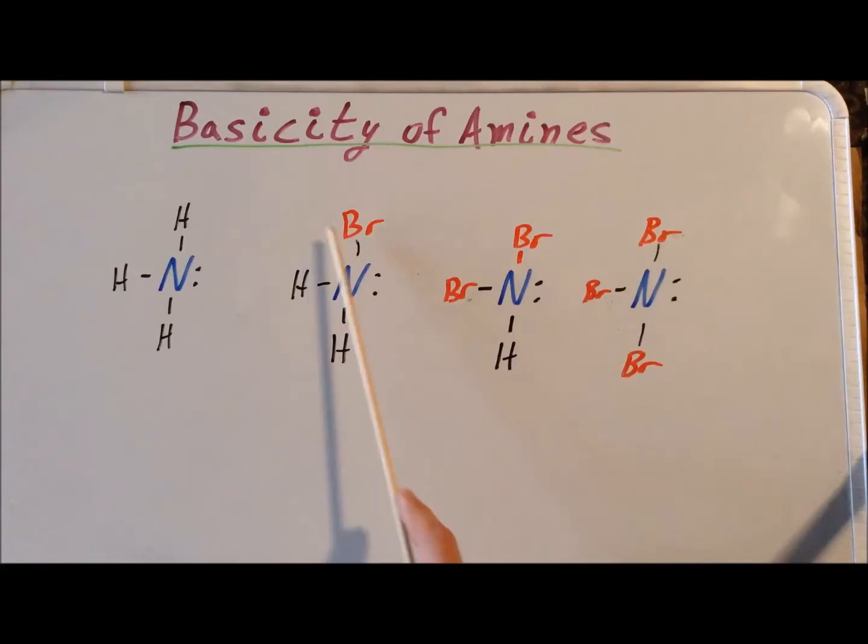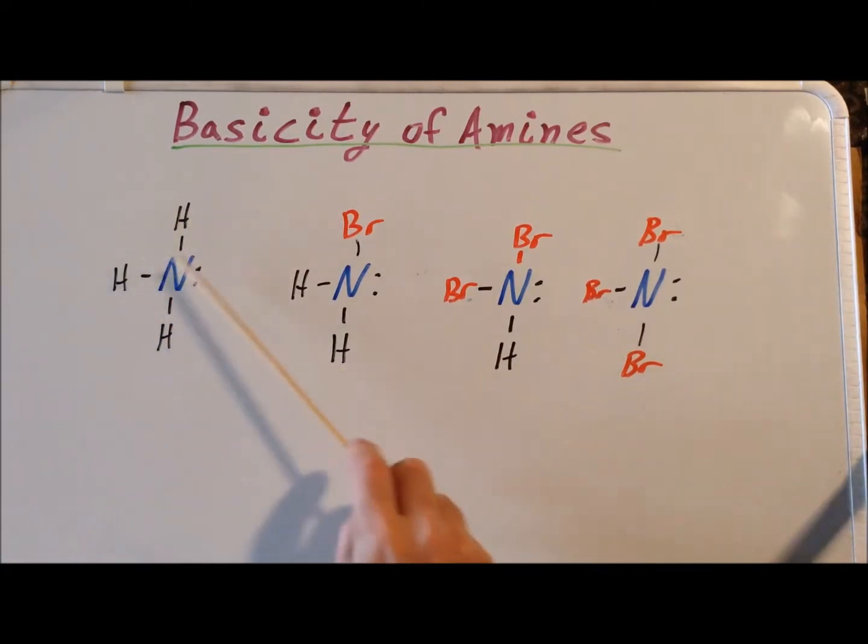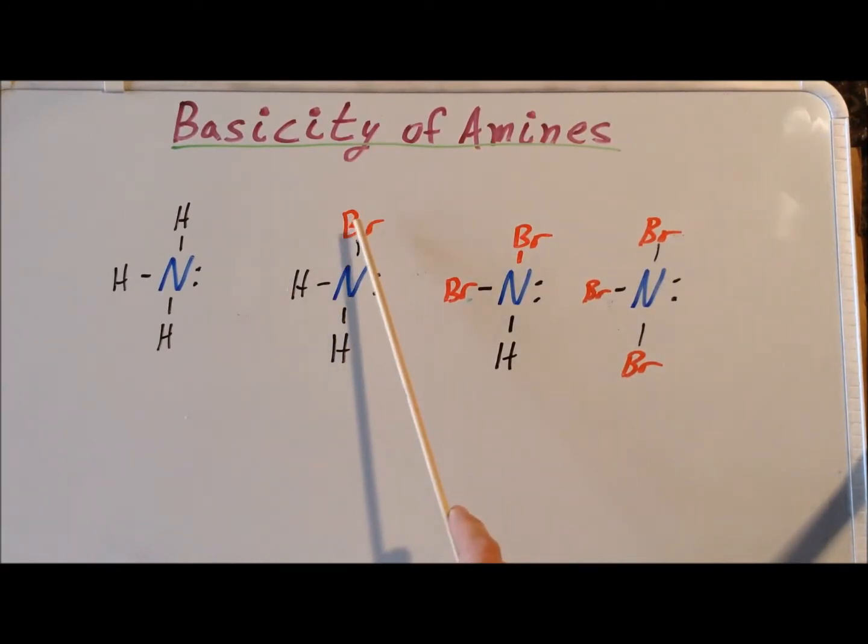We're comparing the substituent to the electronegativity of hydrogen. So fluorine, chlorine, and bromine are all more electronegative than hydrogen. So this is our comparison compound. So we have to compare our substituents to hydrogen, and bromine, while not as electronegative as fluorine and chlorine, is still more electronegative than hydrogen.